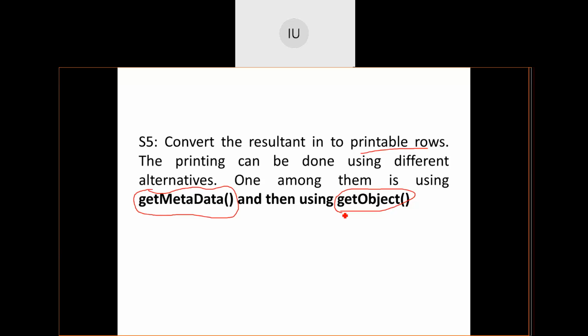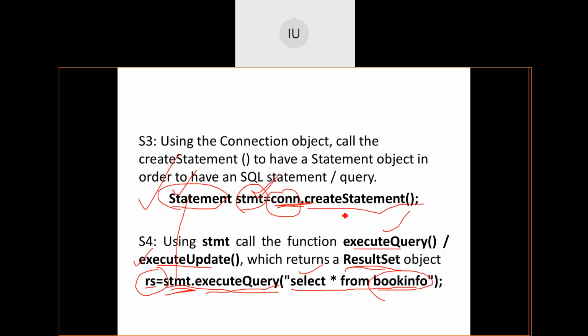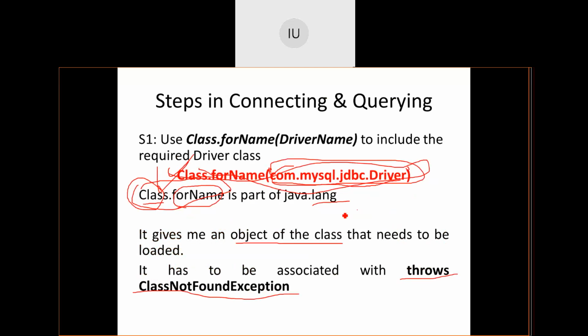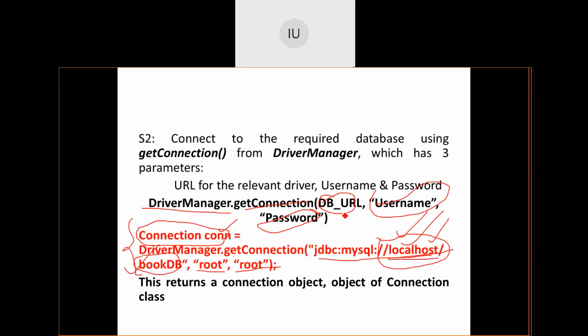So my steps go like this. Please go ahead with the steps. All of you, please check whether you have written them. First, I will do Class.forName in double quotes com.mysql.jdbc.Driver, double quotes complete, bracket close, throws ClassNotFoundException.